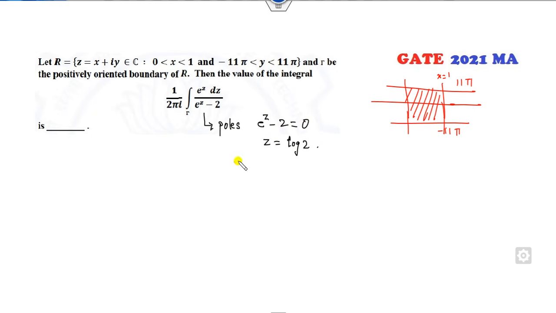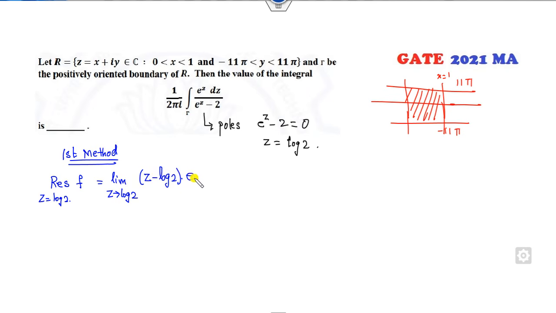But I will tell you the two methods. The first method, I can find the pole because numerator has no. So what is the answer of this is we can find the residue of this f at z is equal to log of 2. How you can find? I can find the limit z approaches log of 2, z minus log of 2 e raised to power z over here.